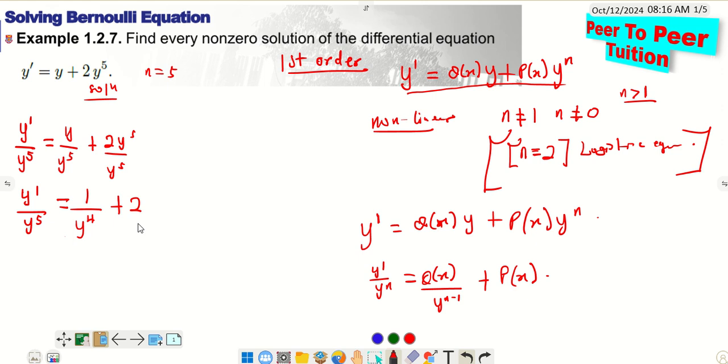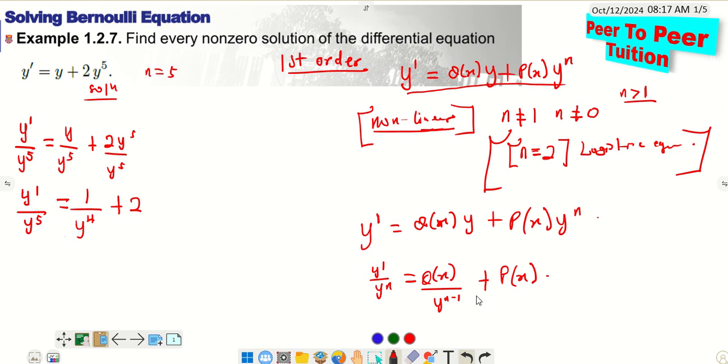Now, remember the Bernoulli equation is nonlinear. But to be able to solve it, we need to find a way to convert this nonlinear differential equation to a linear differential equation.